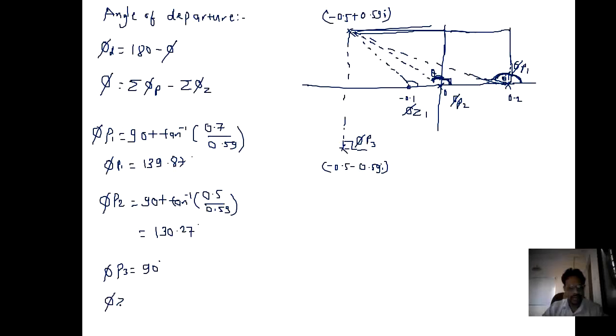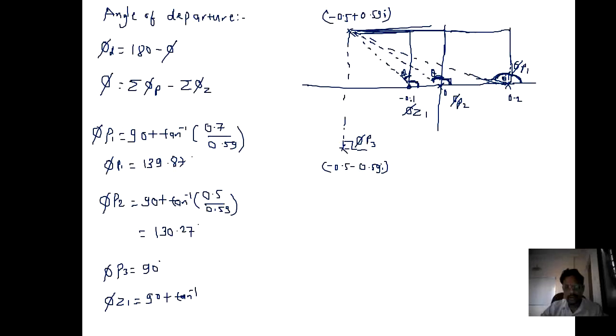And lastly phi z1, look at phi z1, this angle. In this angle, if we consider vertical, this is 90, the remaining is only this angle. For this angle, consider this triangle, so theta, 90 plus tan inverse, this theta is opposite, opposite is only this length.